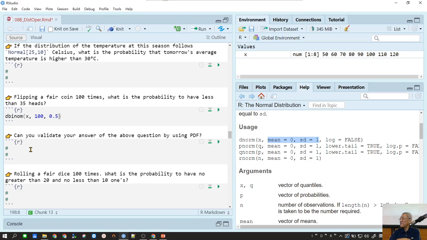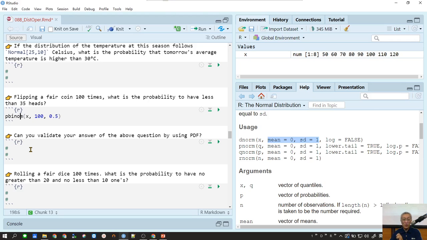Shouldn't it be the P function instead of the D function? Good. It should be P, right?